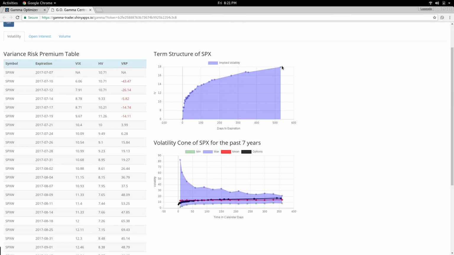Look at the term structure of SPX. This is a really smooth term structure, and this is what I want to see. I want to see implied volatility that starts really low and starts getting higher. This is a contango regime, and it is what you want to see when the market is not expecting anything.